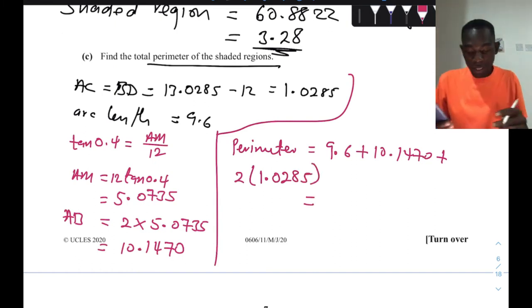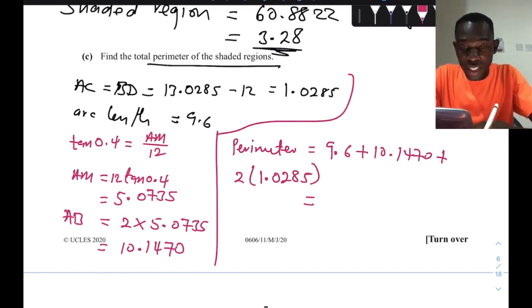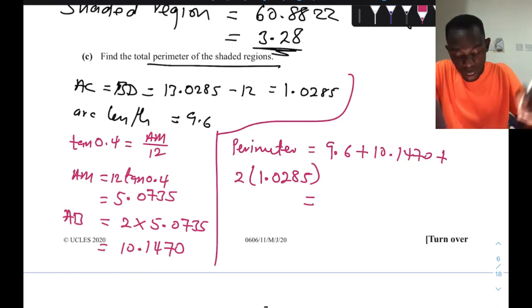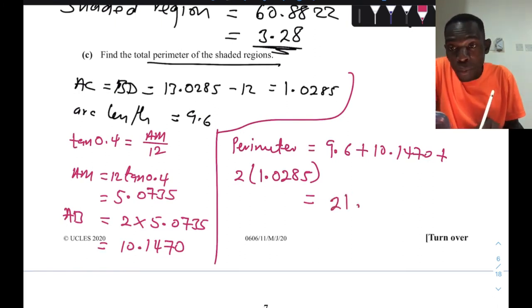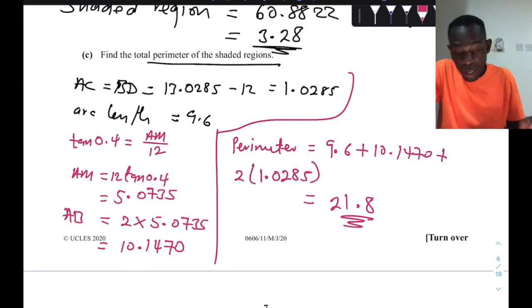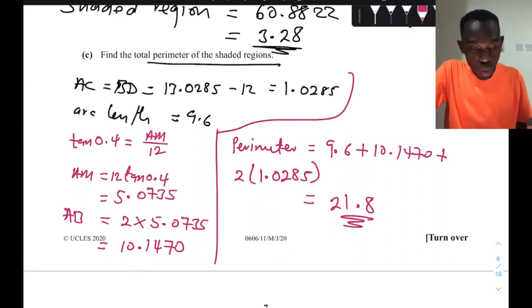So that's 9.6 plus 10.1470 plus 2 into bracket 1.0285. And according to my calculator, it should get 21.8. Okay, and then you are good to go.